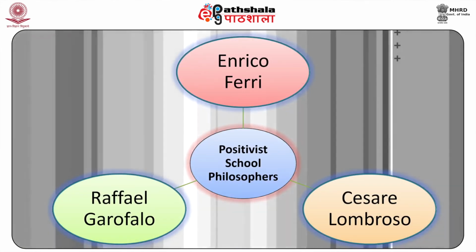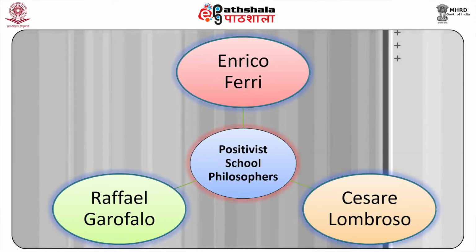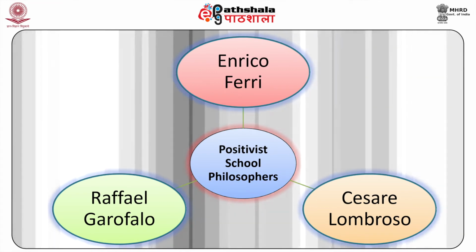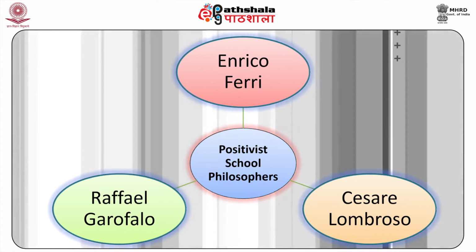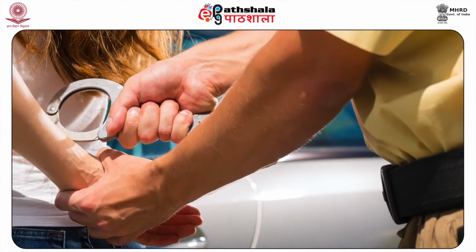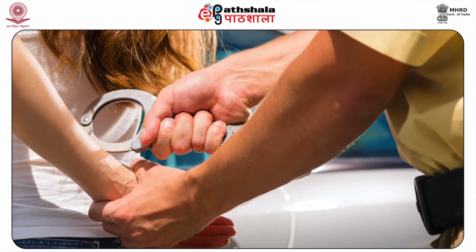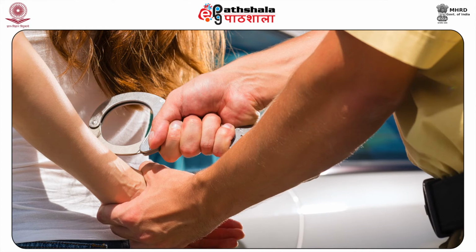Positivist school philosophers E. Ferri, C. Lombroso and Garofalo presume that criminal behavior is caused by internal as well as external factors, which are beyond the control of an individual. Positivism can further be broken up into three segments, depending upon the factors affecting the behavior of an individual. That is biological, sociological, and psychological.